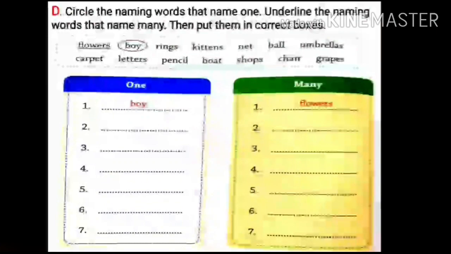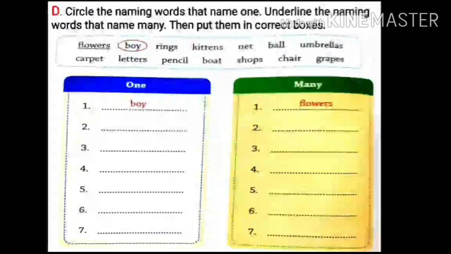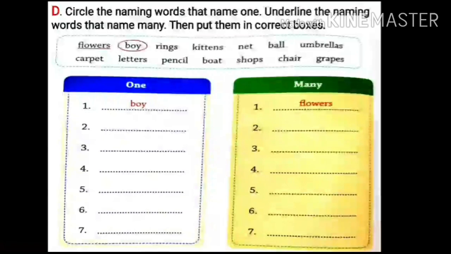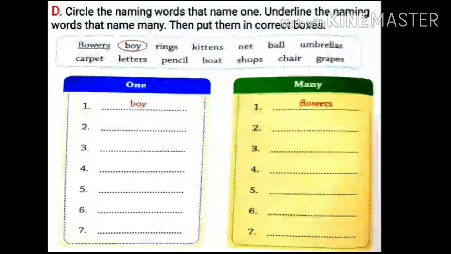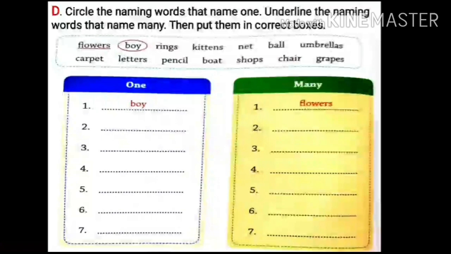Students, this is question number D. Circle the naming words that name one. Now students, in the box, can you see there are some naming words? We are going to circle the naming words that name one and underline the naming words that name many.